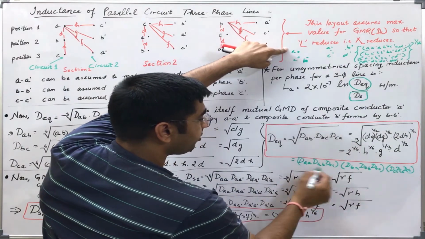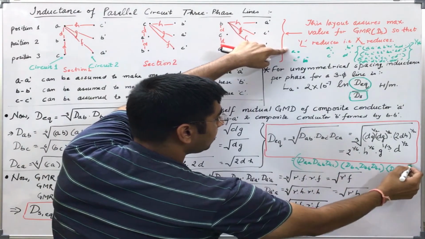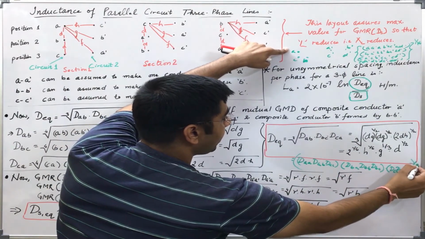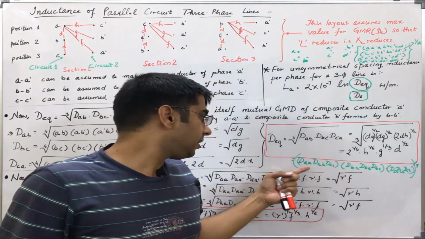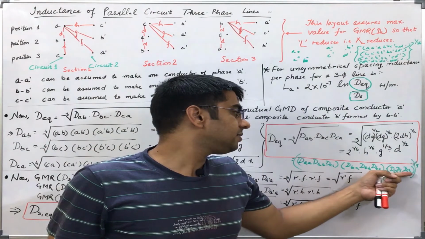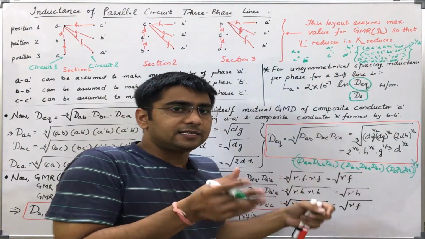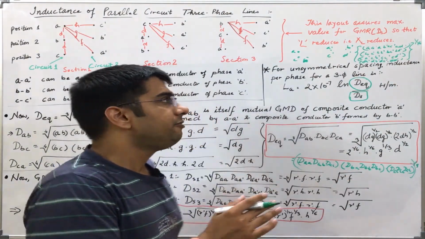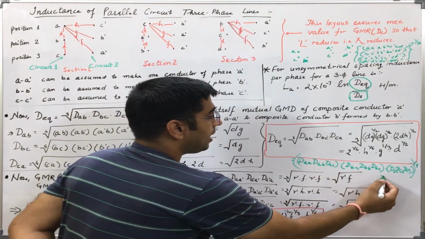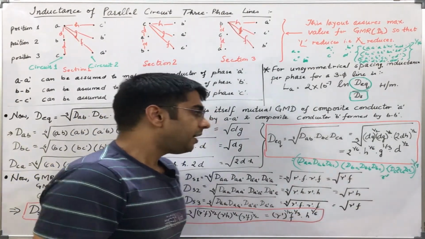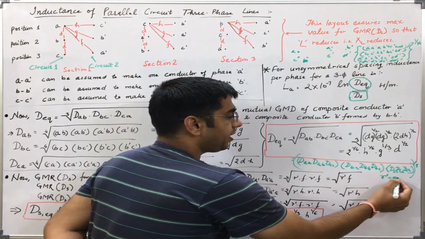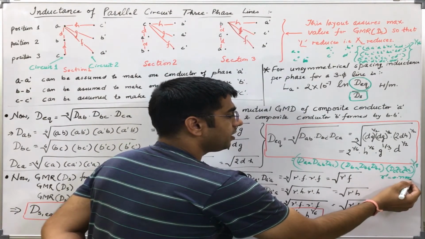So how many terms? 3 by 3, 9 terms, and the power will be 1 by 9. I already told in that lecture that DAA, DBB, DCC are nothing but the self GMD of each strand, which is given by R dash, where R is the radius of that strand and R dash is 0.7788 R.